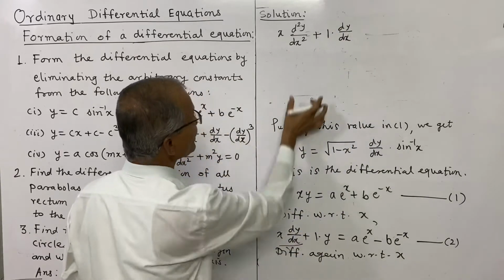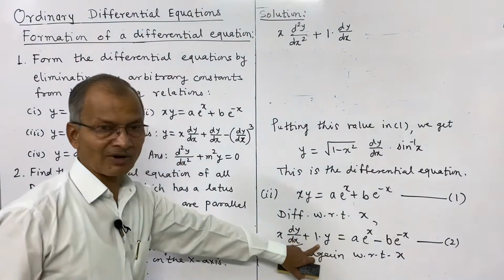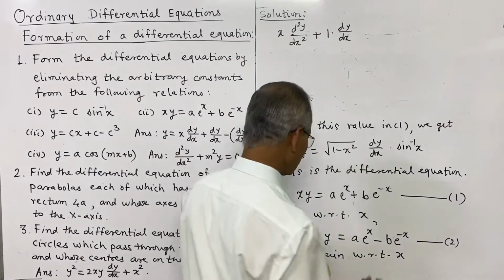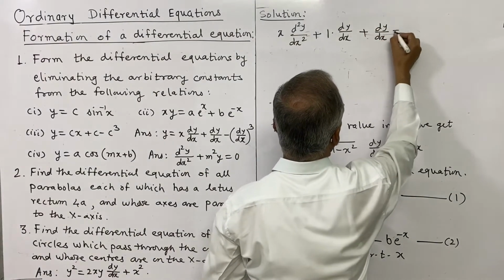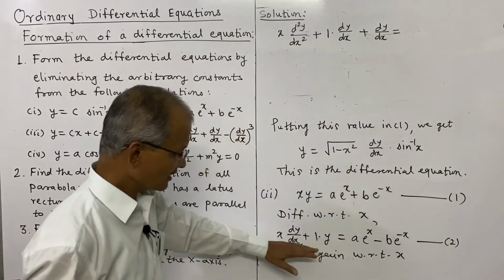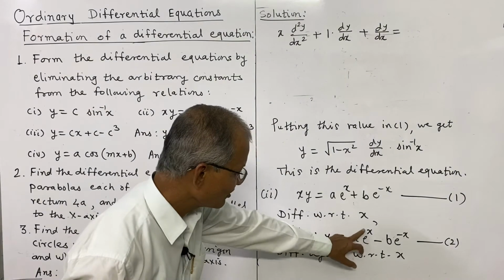So this much is the derivative of x into dy by dx, plus 1 into y, the derivative of y with respect to x is dy by dx. And on the right side, this much is the derivative of the left side. On the right side, this term is a into e power x.